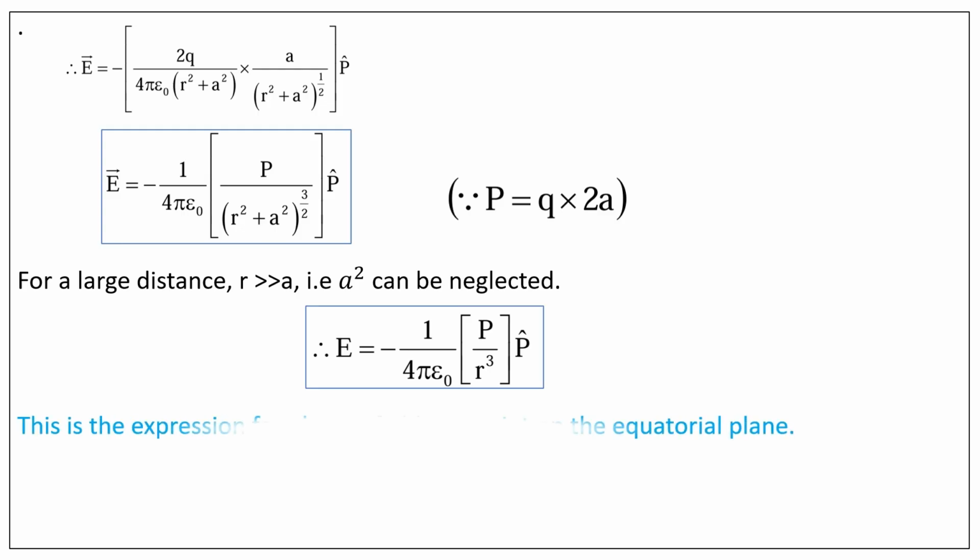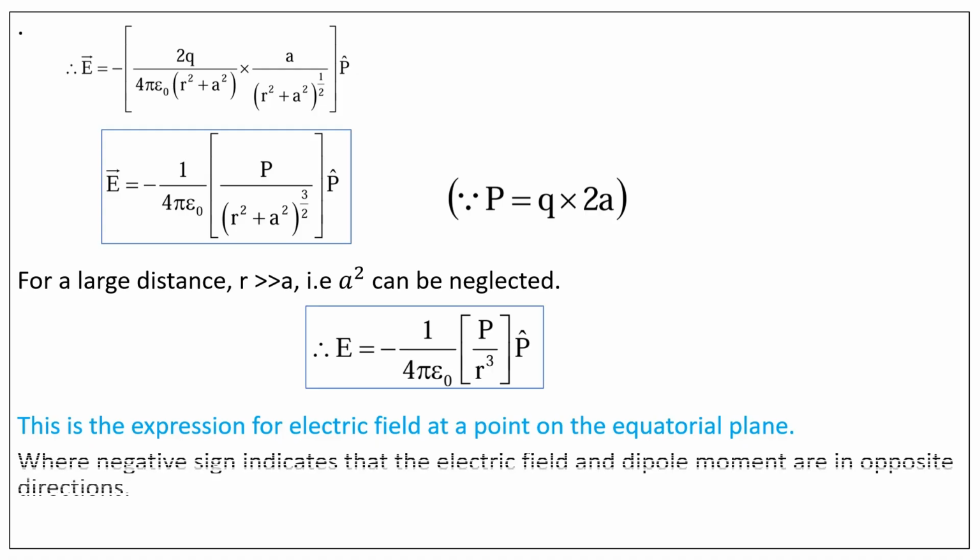This is the expression for electric field at a point on the equatorial plane, where negative sign indicates that the electric field and dipole moment are in opposite directions. Note 1. At midpoint of dipole, E is equal to minus 1 by 4 pi epsilon naught into bracket P by a cube into P cap.